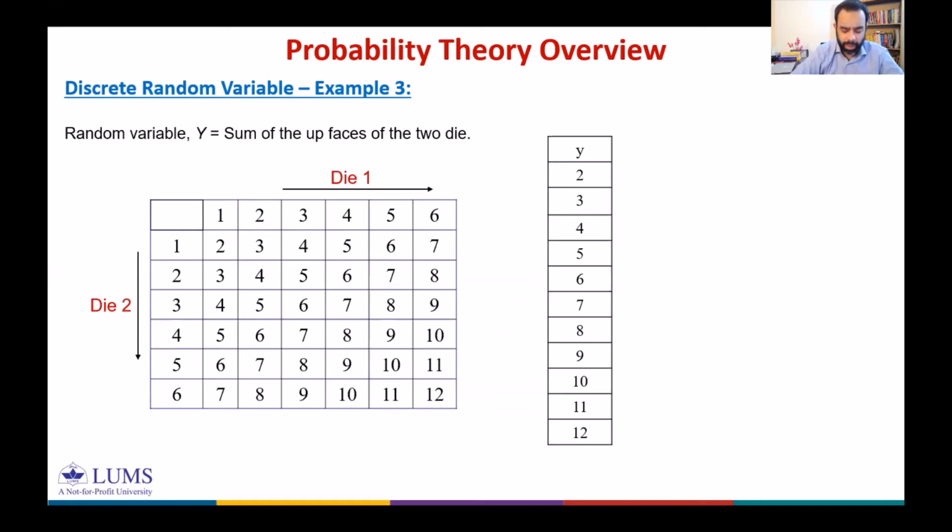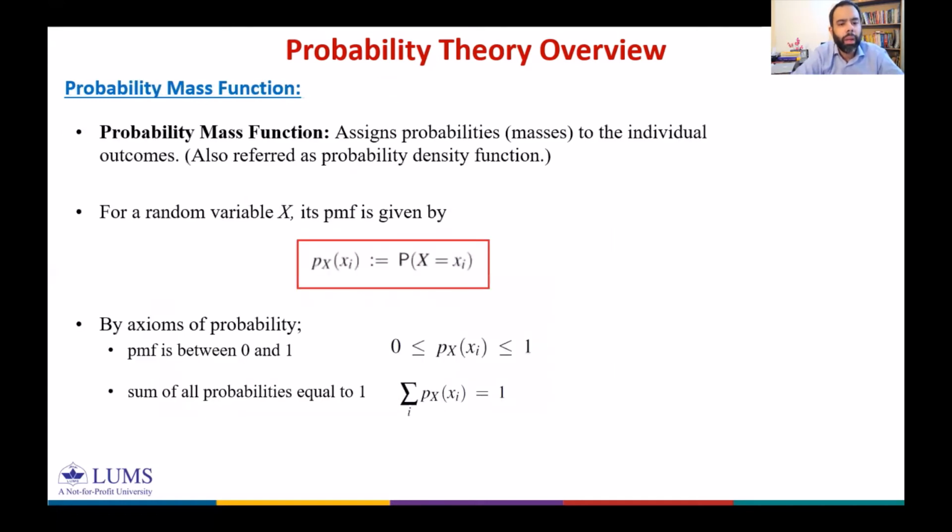We talk about the concept of probability mass function. The probability mass function for a random variable assigns probabilities to the individual outcomes.